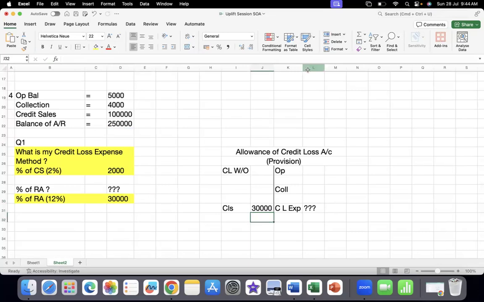Once you have this and the other information available in the question, so opening balance is 5,000. Collection, it says, is 4,000. And there is no information given to you with respect to the write-offs. There's a difference between written off and expenses, so just make yourself pretty clear on these points. There is a difference between credit loss written off and credit loss expenses.